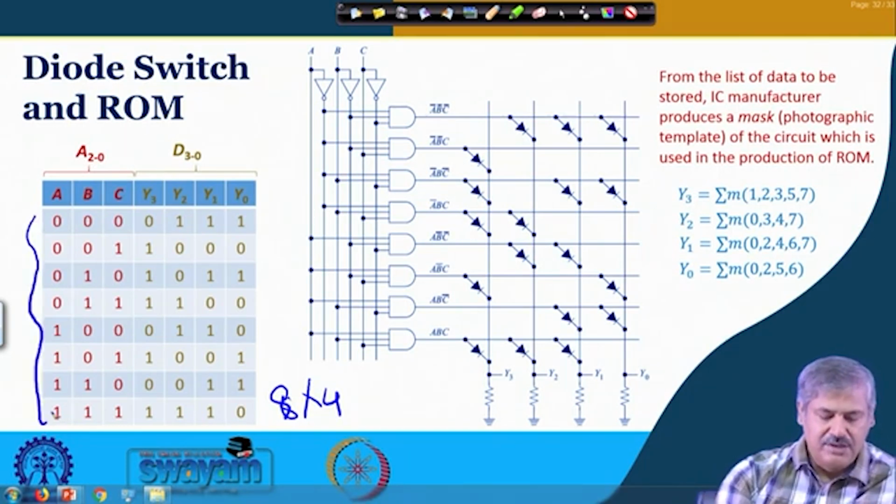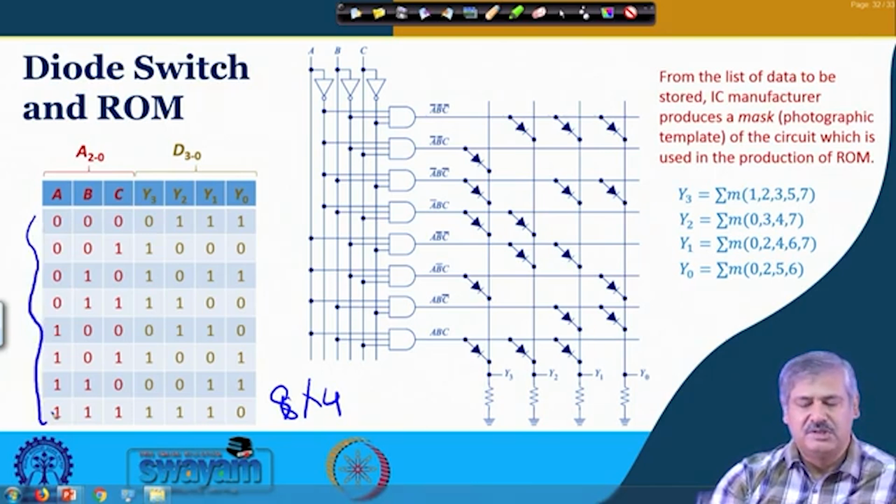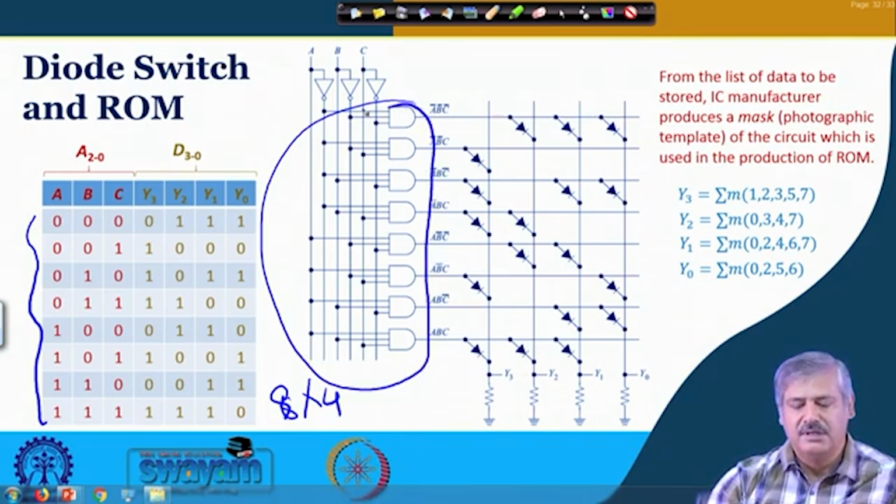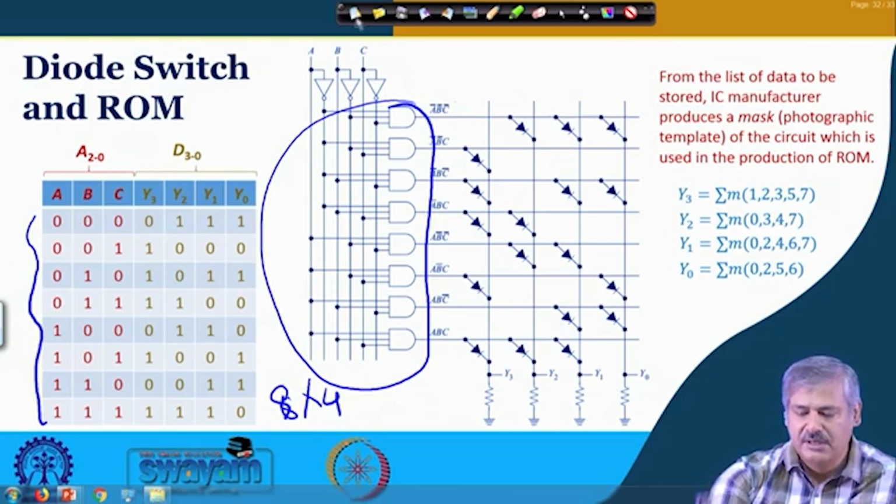So it is generating all 8 possible locations in the memory, right. So this is the decoder block over here. The first one is A bar, B bar, C bar, second one is A bar, B bar, C, and this is the way that we have seen it before, right.